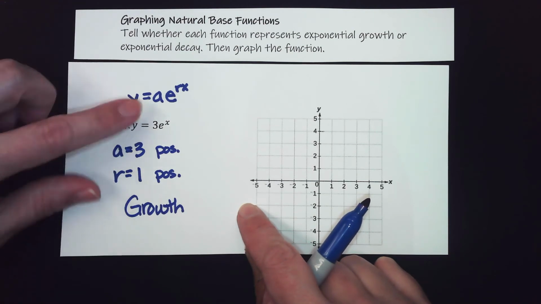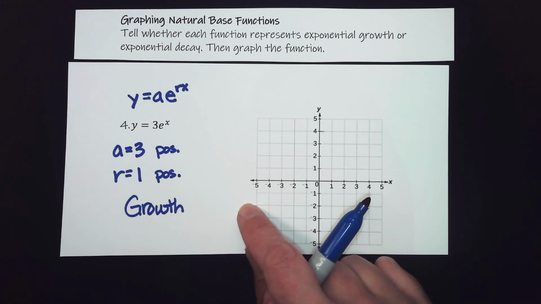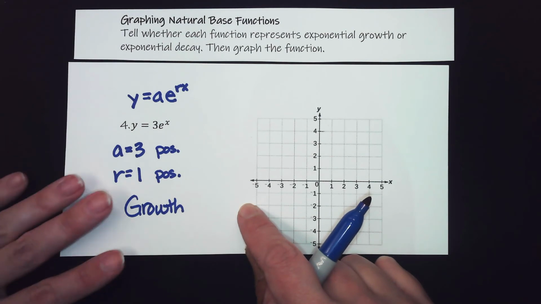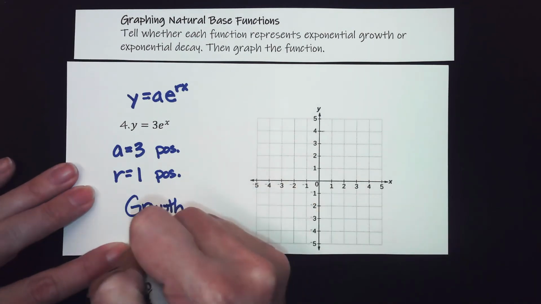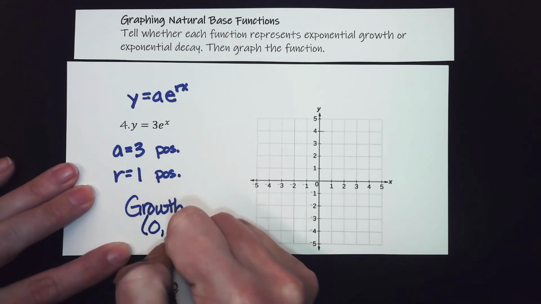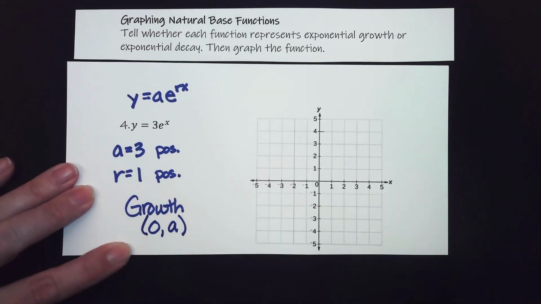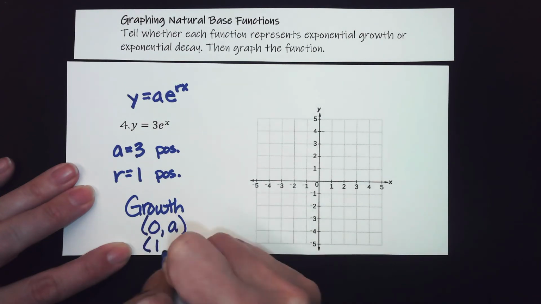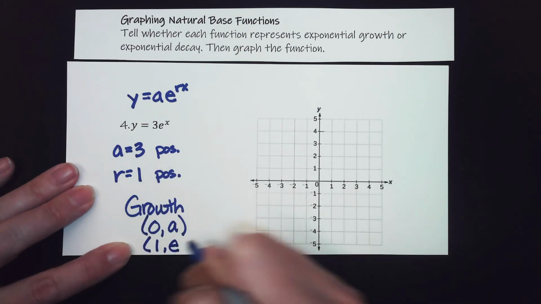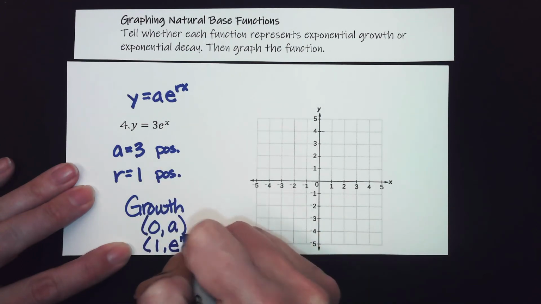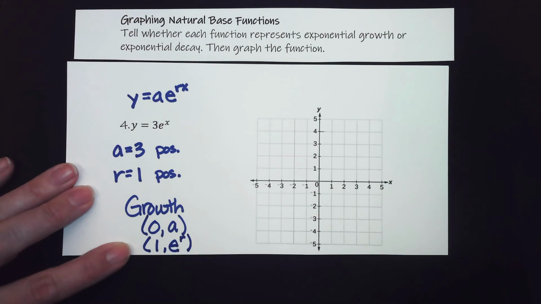Now, because we have an a out here, it's not just going to go through that point (0, 1). You should think of that point as it's going to go through the point (0, a), whatever a is. And then it's going to go through 1, and it's going to go through a e^r.